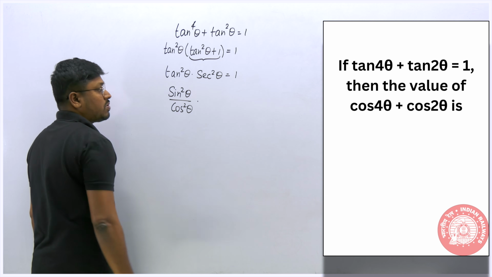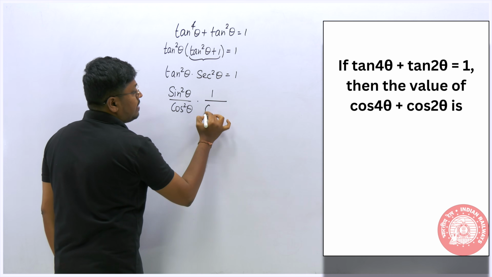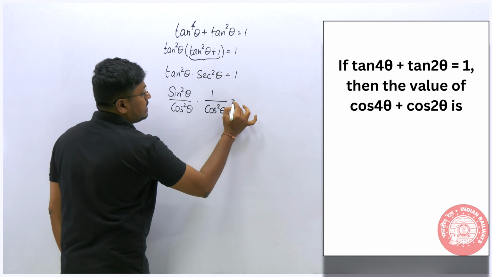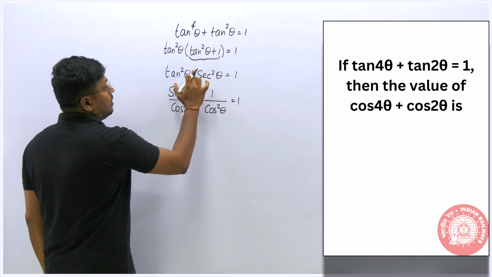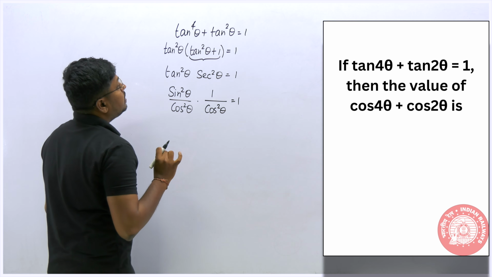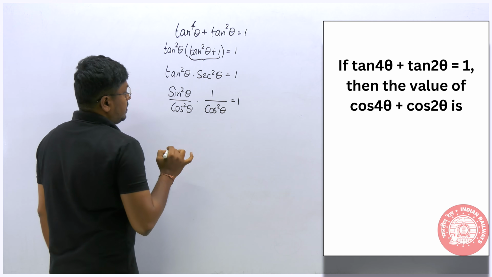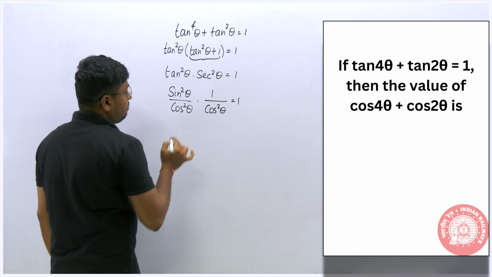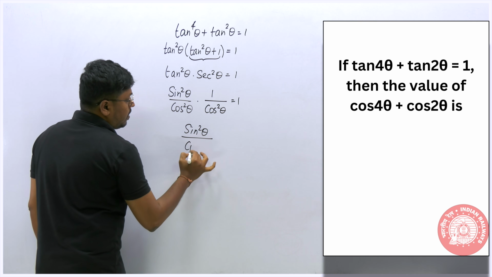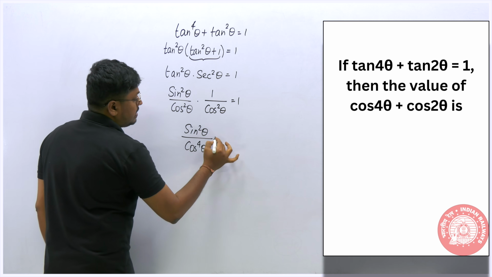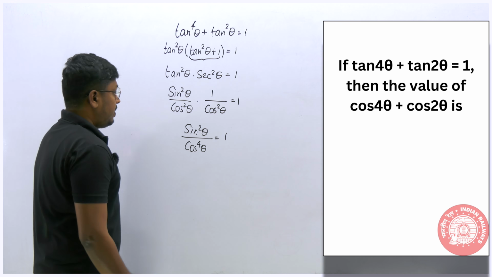Next is secant square, so secant square will be 1 by cos square theta, is equal to 1. So this will be sin square theta divided by cos power 4 theta is equal to 1.